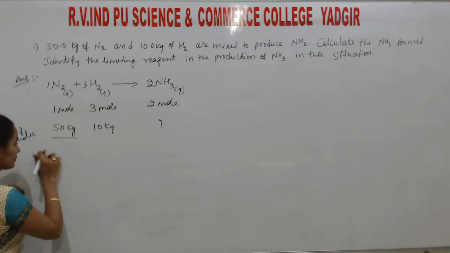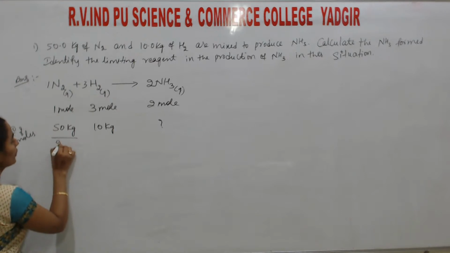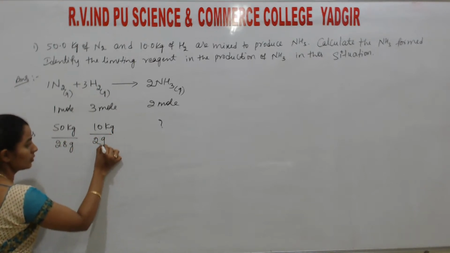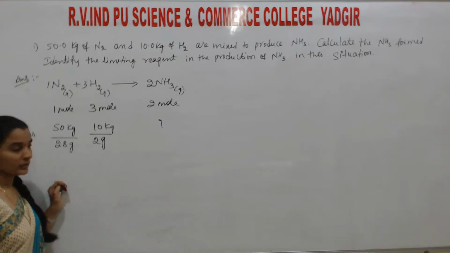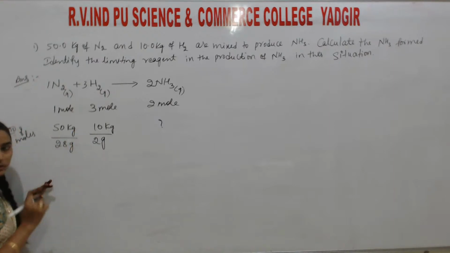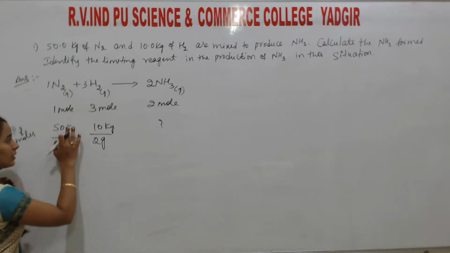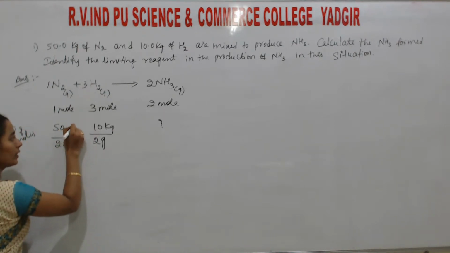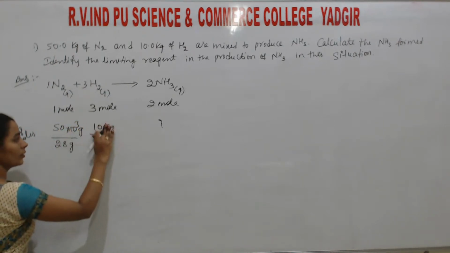That is 28 gram. This one is 2 gram. So students listen, this is in kg, this is in gram. You can easily convert this to gram by multiplying with 10 power 3.